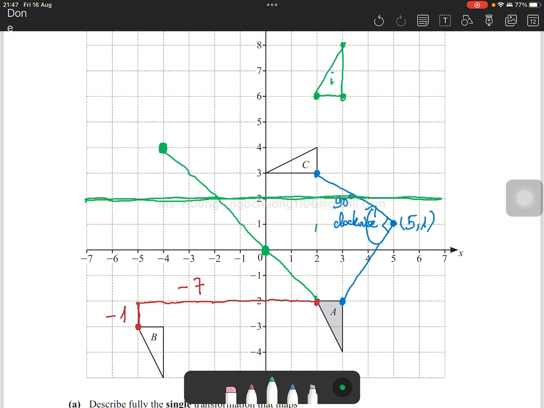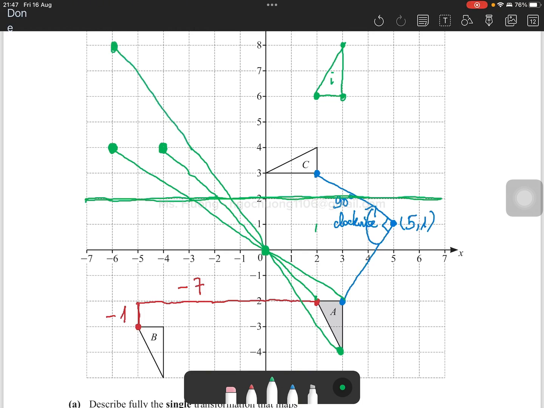Next, this one, 3 units. So we continue to move on 3 and 6 units. So the image of the blue point is here. And finally, this one, 4 units. So we'll move on 1, 2, 3, 4, 5, 6, 7, 8.